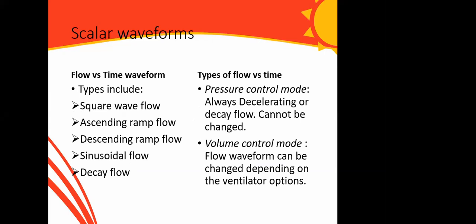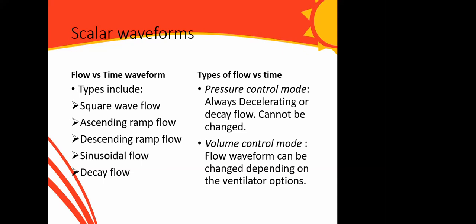All right, so for scalar waveforms, like I said, there are different types that I showed you before: the square, the ascending, the descending, and all that. But for the sake of single best answer questions, if you're asked for pressure control modes, the common waveform that is usually seen is the decelerating or decay flow.